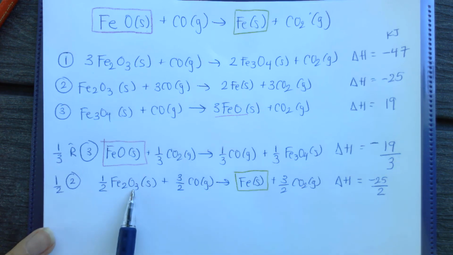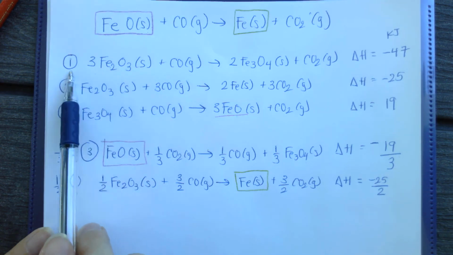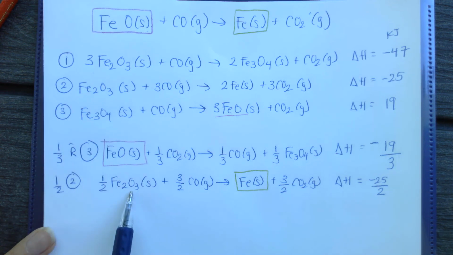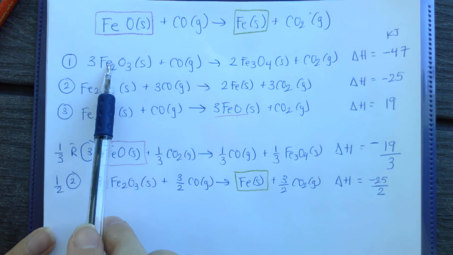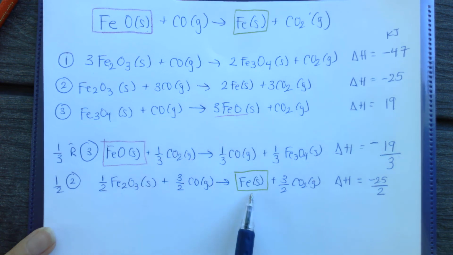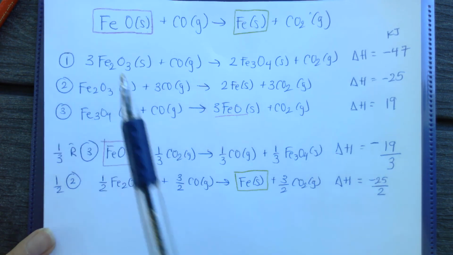Okay, so the first thing I notice in reaction 1, if I'm getting Fe2O3 to be eliminated using this, I know for sure reaction 1 has to be reversed. To get this to cancel with this, I'm going to need this to be on the product side. I know I can't reverse this one because I've already used it to set my iron. So that leaves all the work with this one. So for sure this has to be reversed.